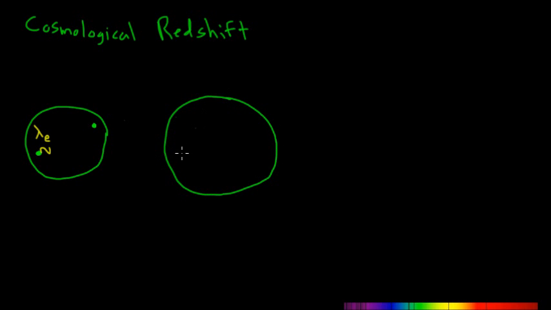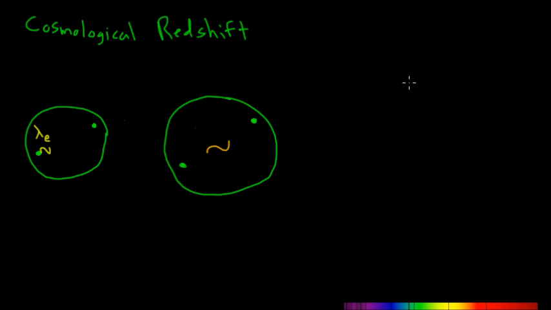And as the universe expands, so here's my source now, and here's where I am now. The universe has expanded a little bit, and this light has been stretched out a small amount. The wavelength of the light is now longer than it was when we actually started.